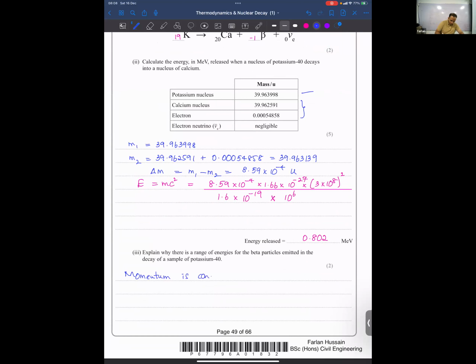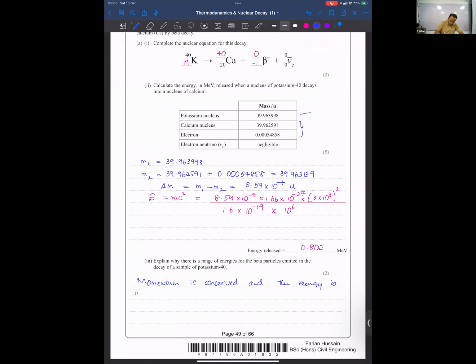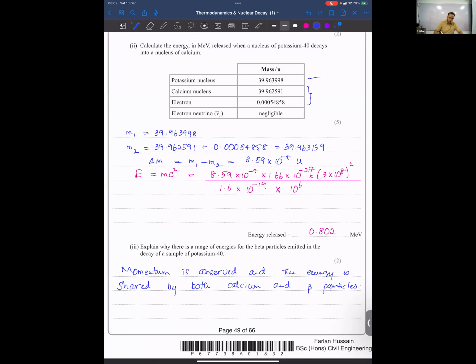Momentum is conserved, and the energy is shared by both calcium and beta particles. Full stop.